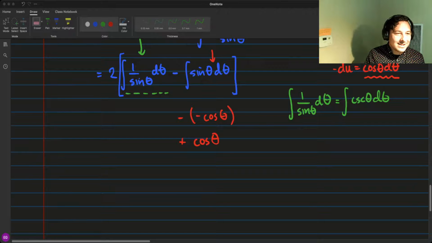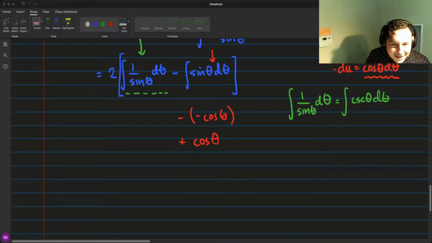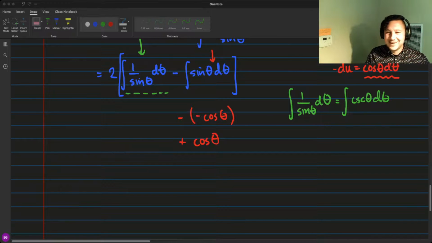Oh, Reddit has us. Okay, what is it that we want? We're integrating cosecant. Oh, look! Number 19! We're integrating cosecant. There's our answer. Oh my god, that's sort of funny. Reddit had it for us.